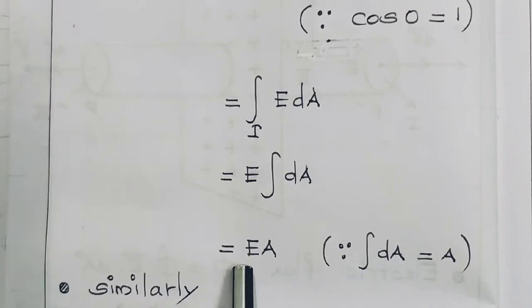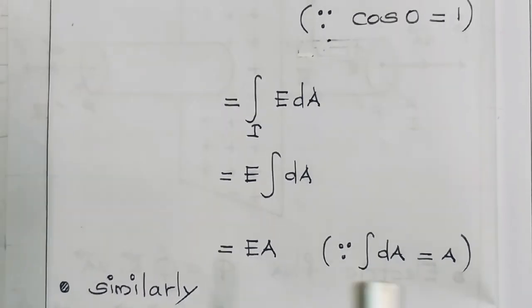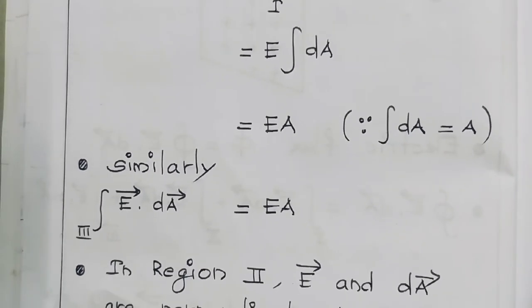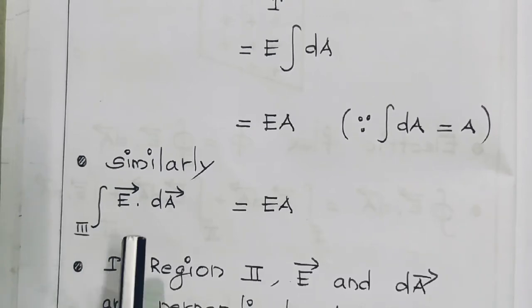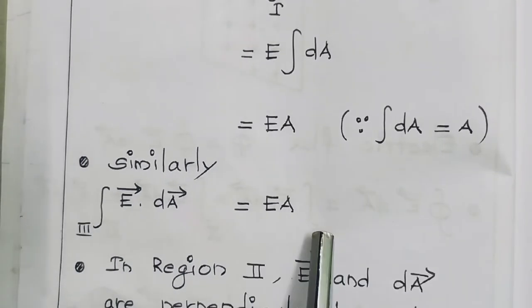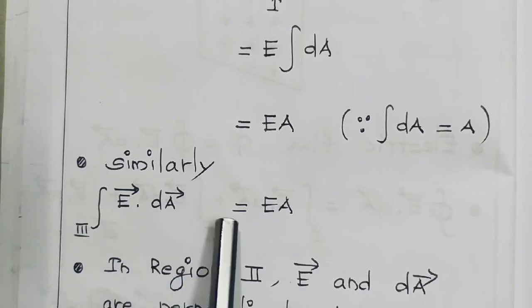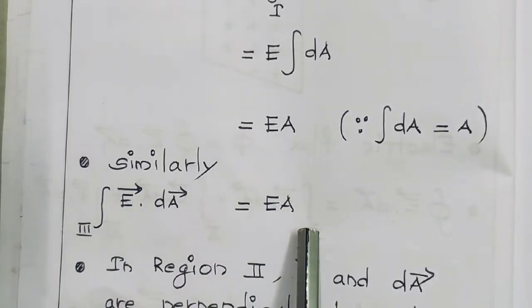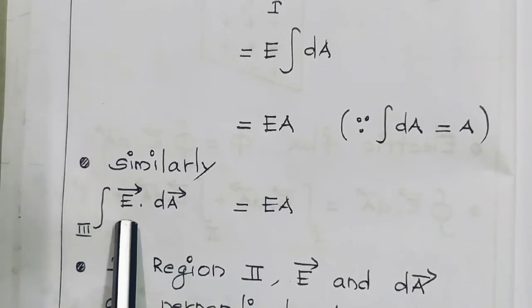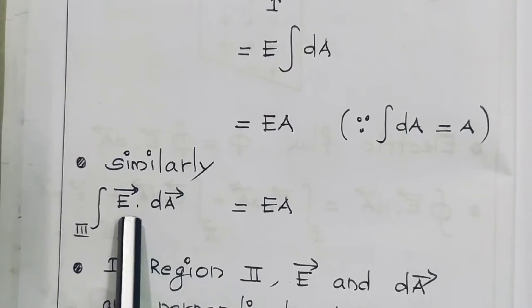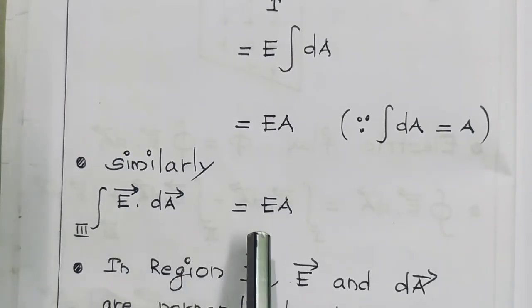So here E into A. Similarly, for region 3 also, we will get the same result. E vector dot dA vector is equal to EA. The reason is, here also E vector and dA vector are in the same direction. So we will get the same value EA.